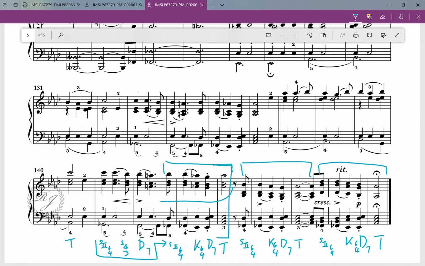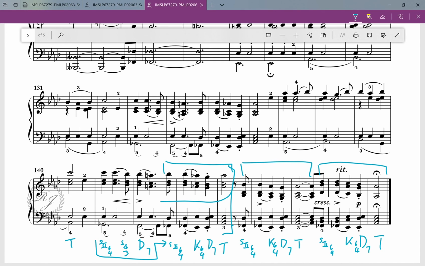yeah, so this is a passing 6/4 chord. Now usually this passing 6/4 chord implies the bass note is a passing note, so maybe G or F natural, and then F flat, and then E flat. But here notice there is a leap from this to here.